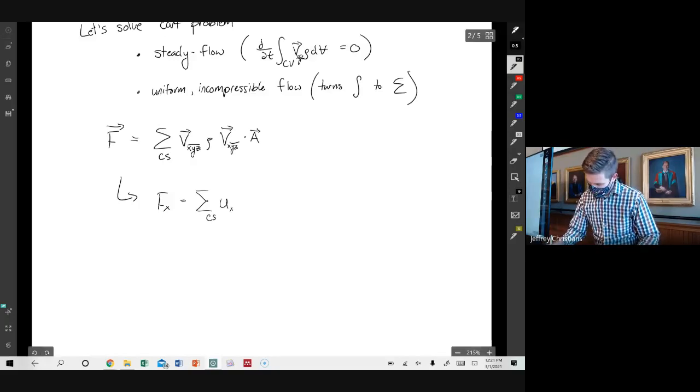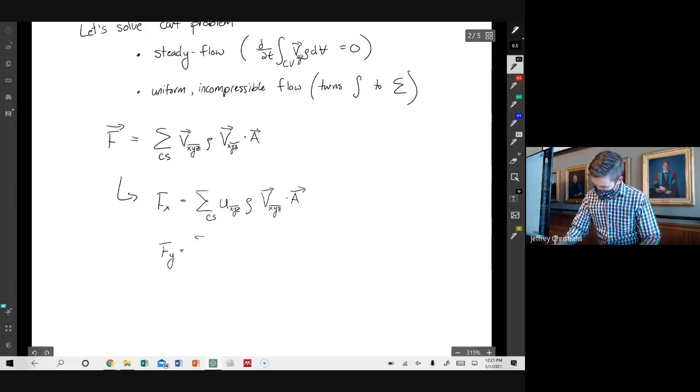So u, x, y, z, rho v dot a, and Fy is the same thing. So we're going to split it up into the 2 separate components, x and y.